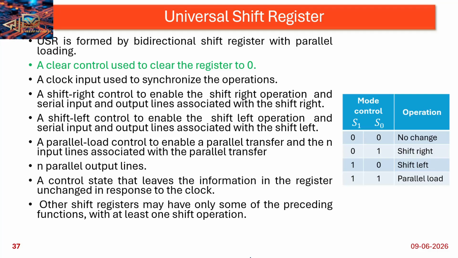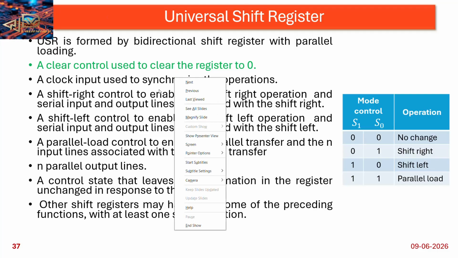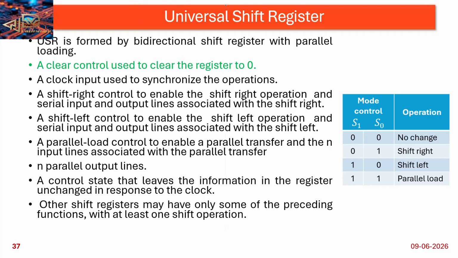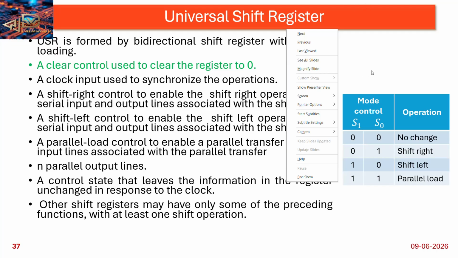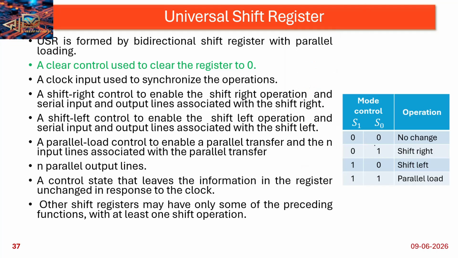And then universal shift register. What is that universal shift register? Universal shift registers do all the register operations. Whenever giving the select lines 0 0, no change operation we are doing. That means whatever the data is there, same data is getting at the output. Okay, that is no change condition, it is keeping the same state.